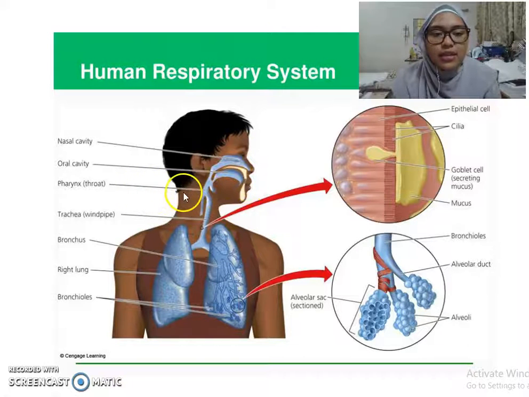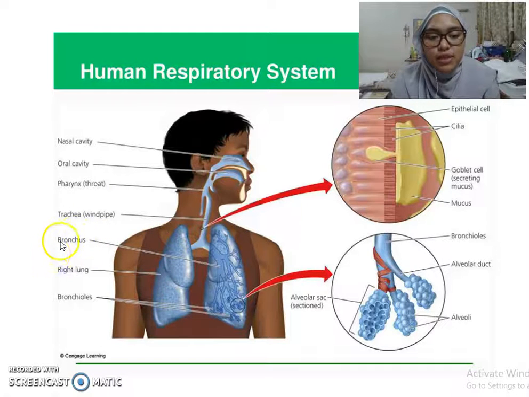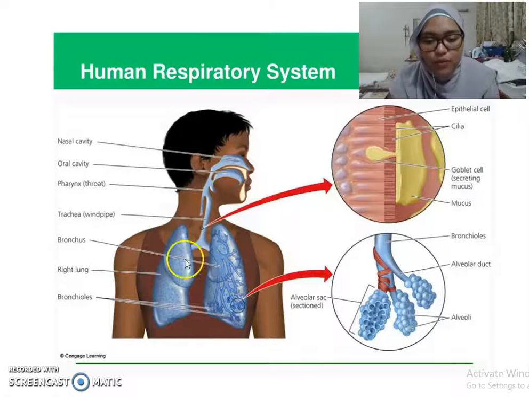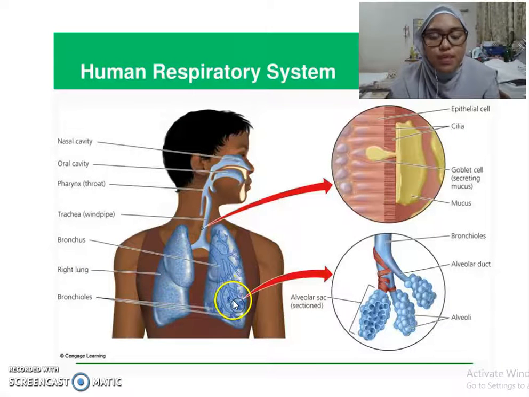Okay. And then the pharynx, the trachea, which is the windpipe, same as the trachea from the insects, the bronchus, which is also the same as the trachea from the insects, and in the lungs we have the bronchioles. So the bronchioles represent the tracheoles in the insects.